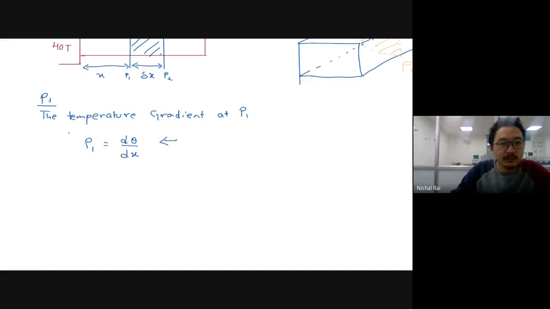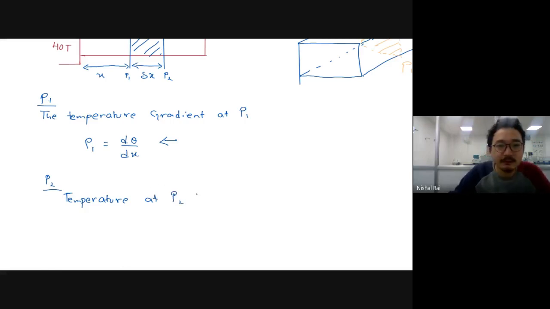Now similarly, we will consider the point P2. Let's consider first what will be the temperature at P2, or basically the excess temperature.